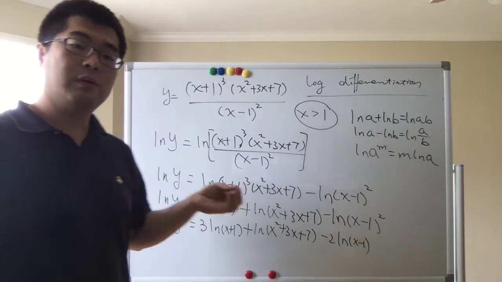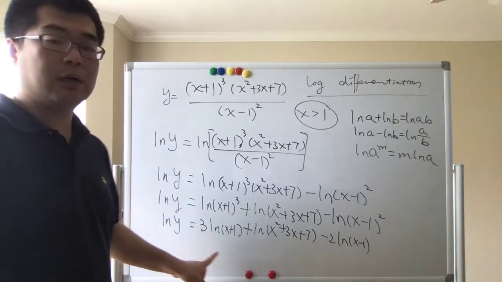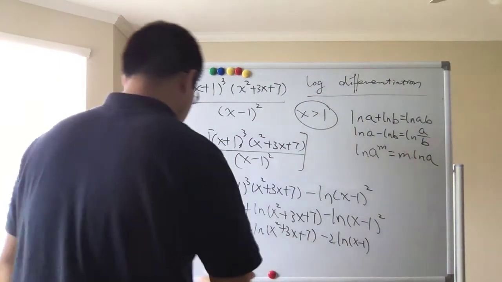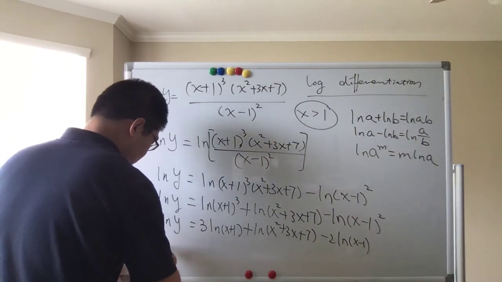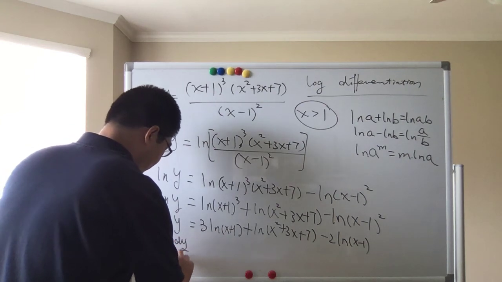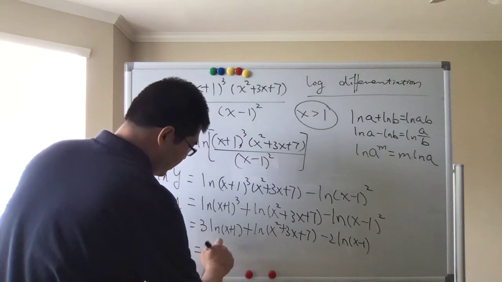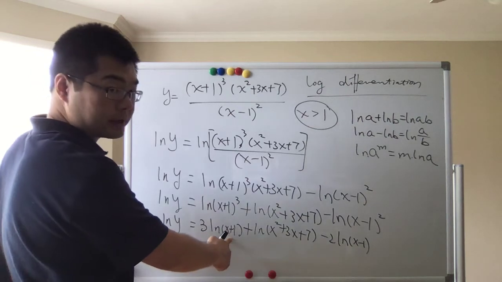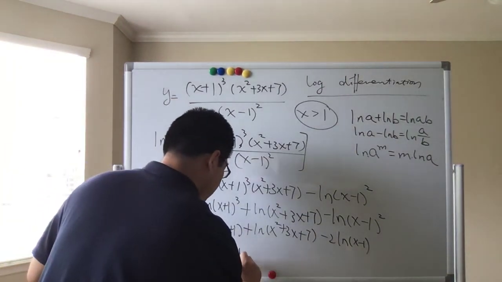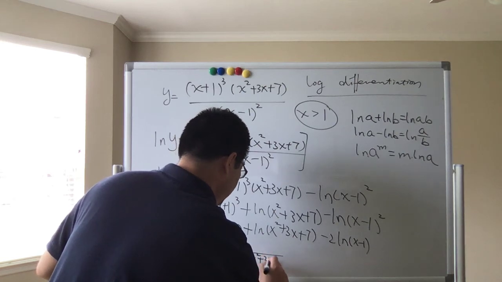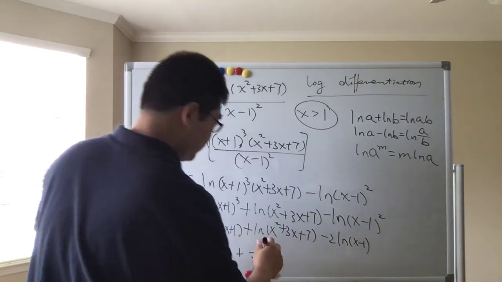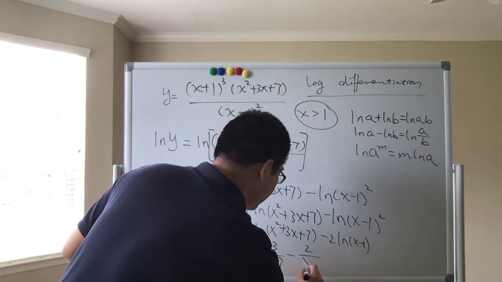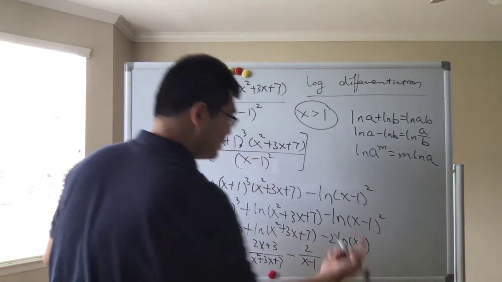That is dy/dx. What I can do here is take implicit differentiation on both sides with respect to x. On the left hand side, it gives us 1 over y times dy/dx. It equals 3 over (x + 1), times the derivative of x + 1, which is 1, and then plus, on the bottom x^2 + 3x + 7, times the derivative of the top, which is 2x + 3, and then minus 2 over (x - 1), again times the derivative of the inside, which is 1.